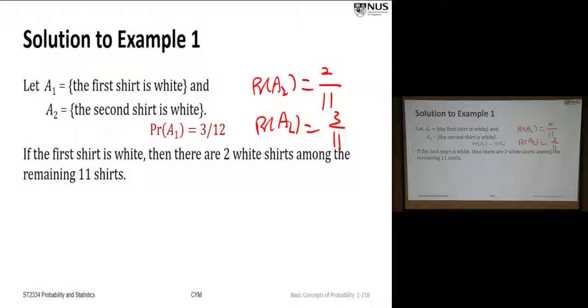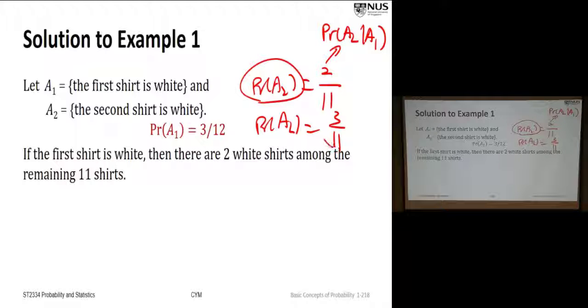Which one is correct? None of them. Both are wrong. All right? Why? Because 2 over 11, you obtain it based on the assumption that the first shirt drawn is a white shirt. So in fact, this is not probability of A2, but instead, this one is probability of A2 given A1.